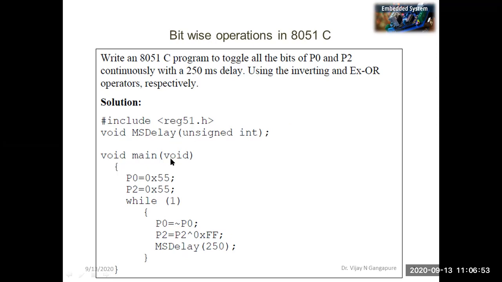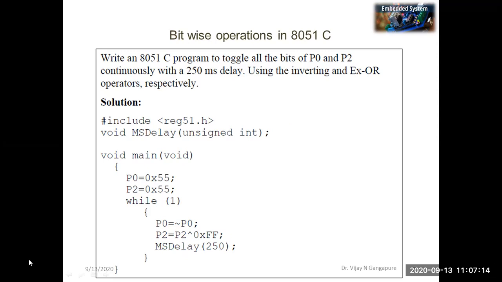Okay, then void main void. P0 is equal to 0x55, P2 is equal to 0x55, which means first we are outputting 0x55 to port 0 and port 2, making the bits of port 0 and port 2 0101 0101.